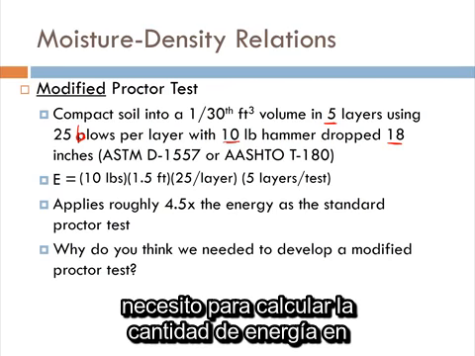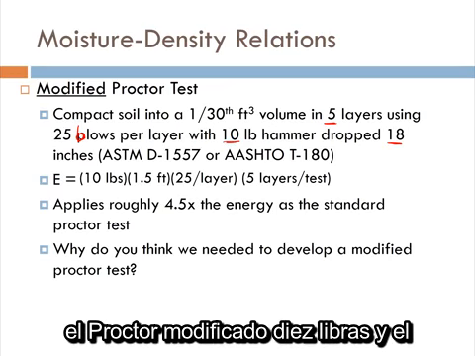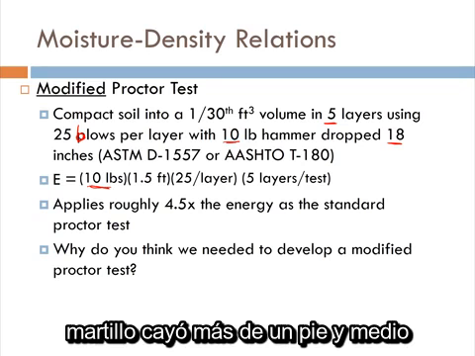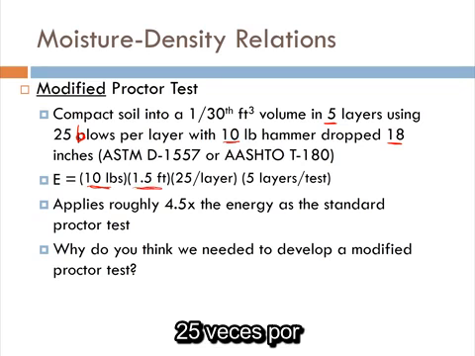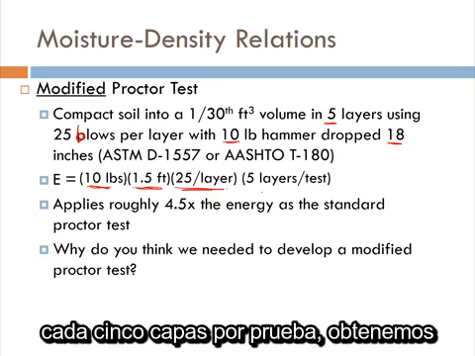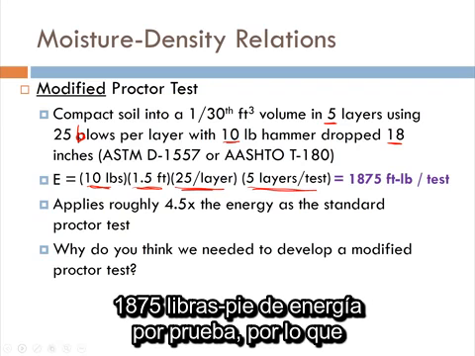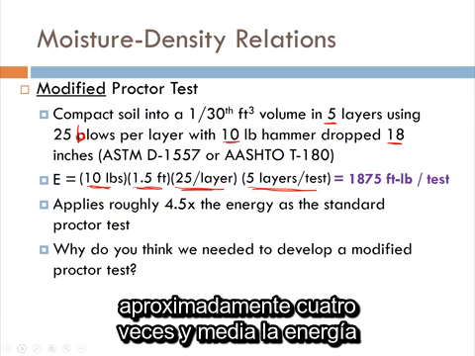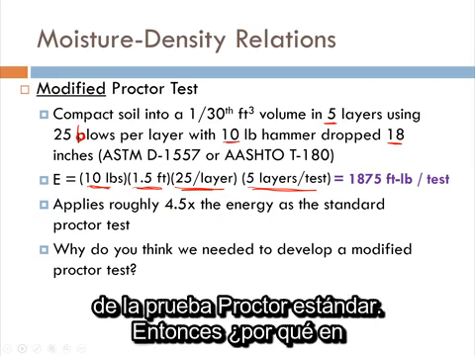If I compute the energy in the modified Proctor, 10 pounds in the hammer dropped over 1.5 feet, 25 times per layer, times 5 layers per test, we get 1,875 foot-pounds of energy per test. So roughly 4.5 times the energy of the standard Proctor test.